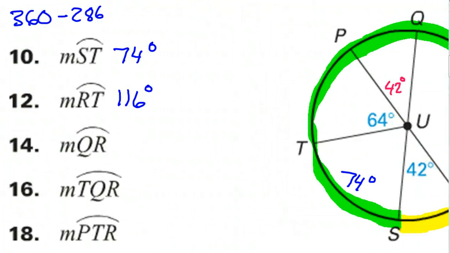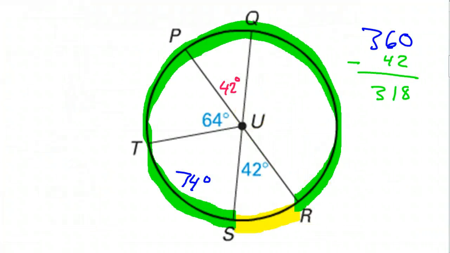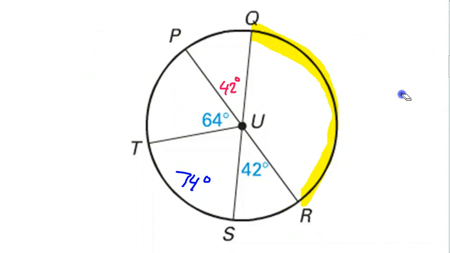So number 14, arc QR. Arc QR is a minor arc, of course, just from Q to R the short way. I could subtract all of this stuff from 360, but there's a shorter way. If you focus on the fact that what we have here is a semicircle.